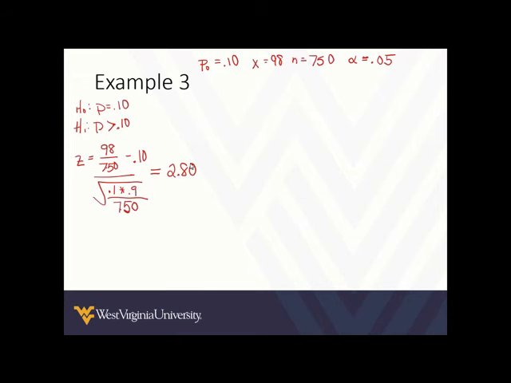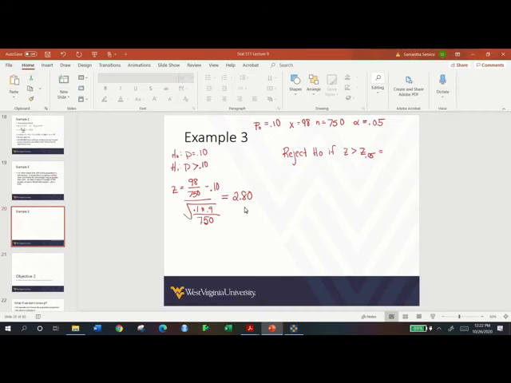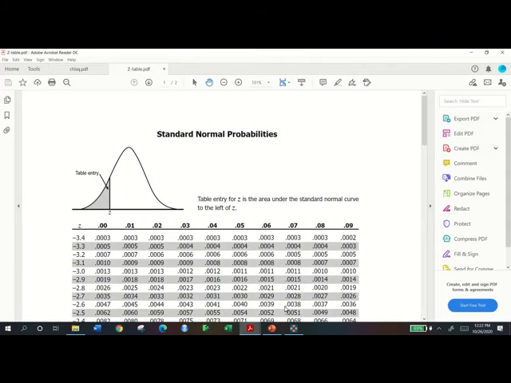From doing the critical region method in the past, we know we will reject our null hypothesis if z is greater than z alpha, where our alpha is 0.05. I'm going to pause for a moment and pull up our z table.